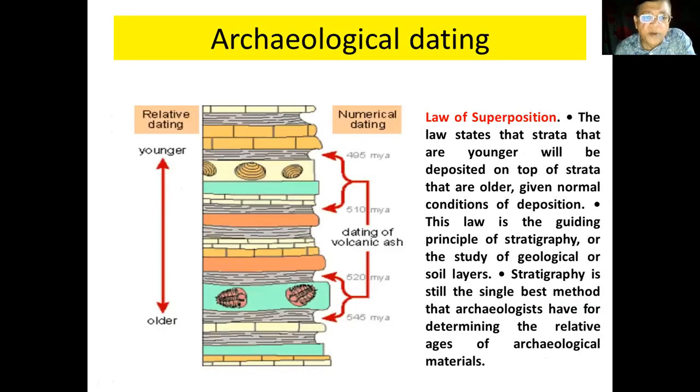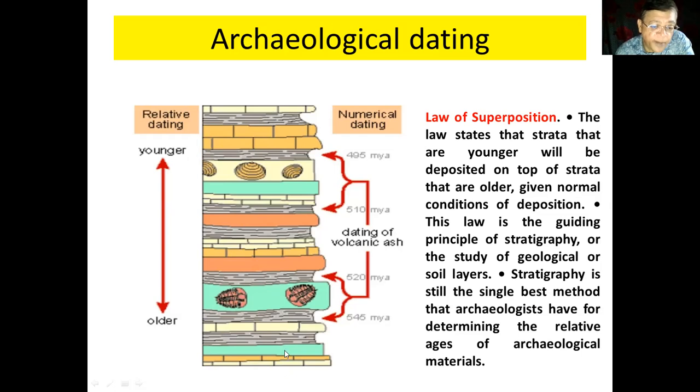Now let's go to the next one, archaeological dating. There is the law of superposition. The law states that strata that are younger will be deposited on top of strata that are older. So there are layers and layers of strata in the earth. This is the most recent, this is very, very old.